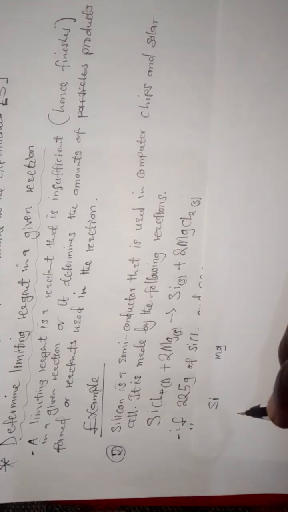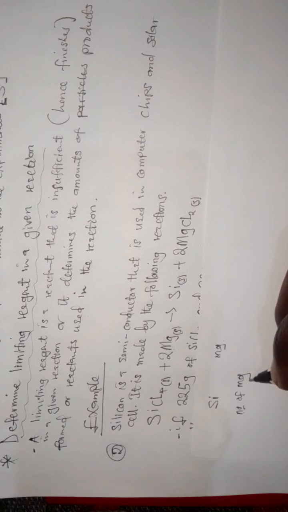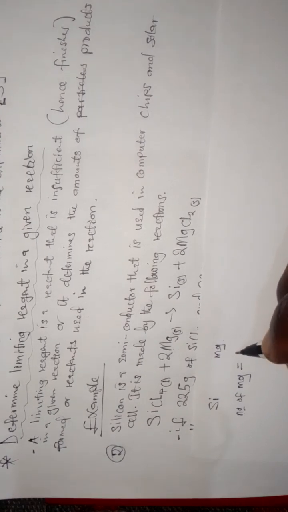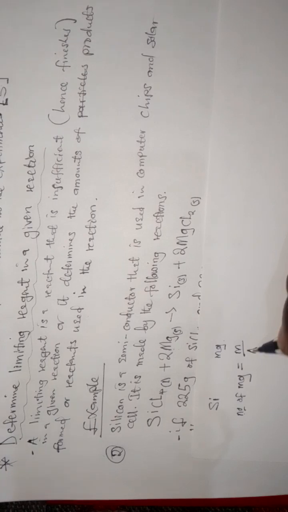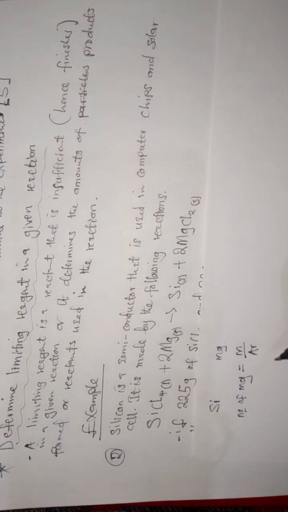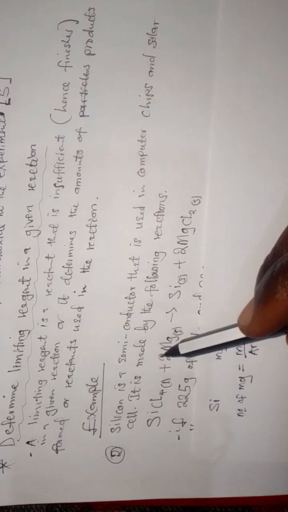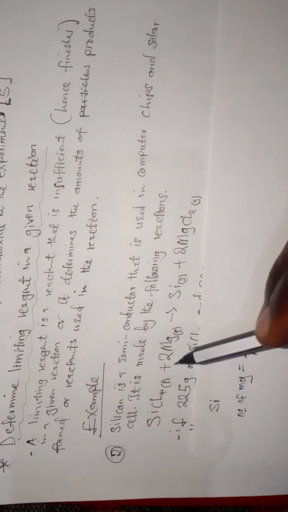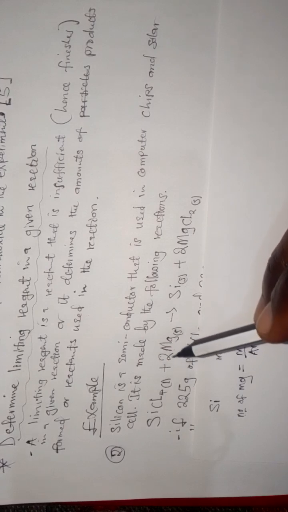Number of moles of magnesium is equal to mass over the relative atomic mass of magnesium. Before it is balanced, we don't consider this, it is the same as the number of moles under limiting reagent.